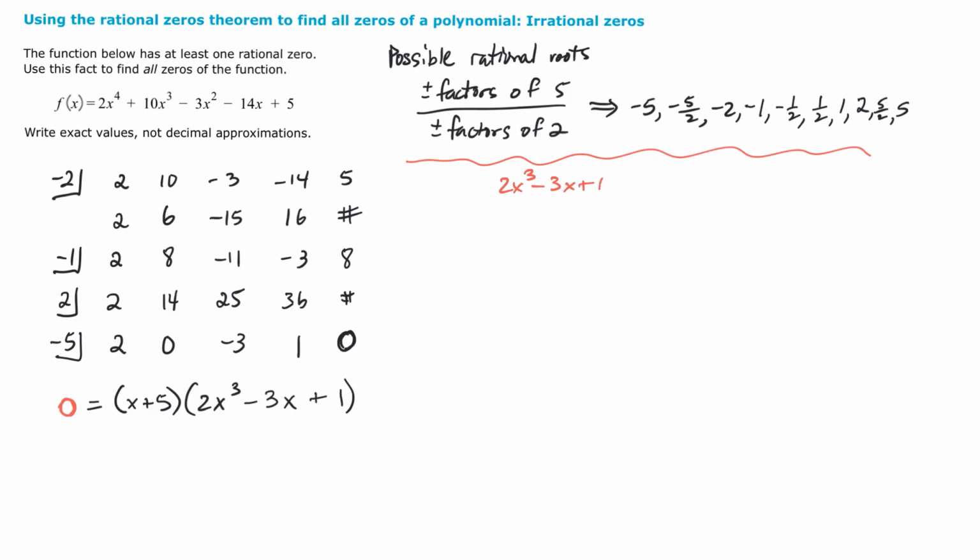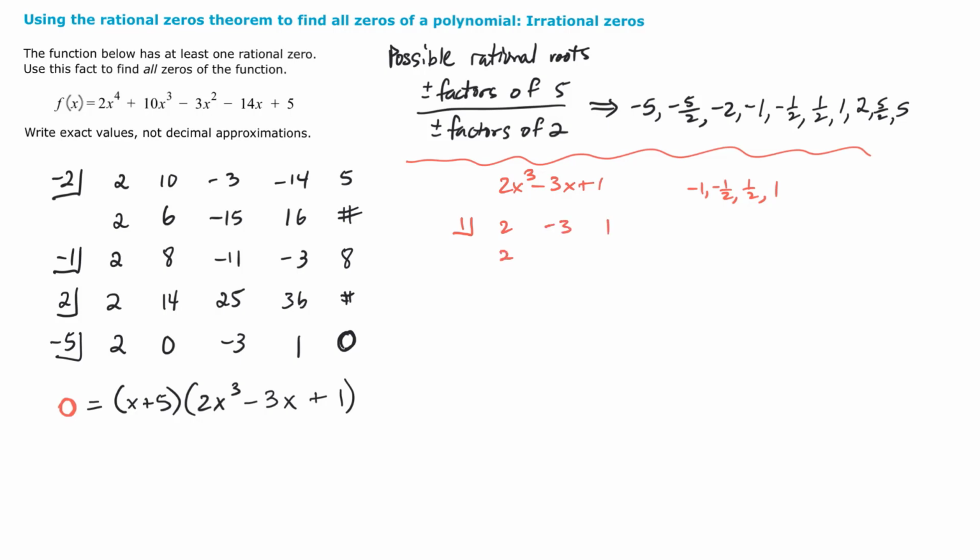So what are the possible rational roots? Well, we could have -1, -1/2, 1/2, and 1. Looks like 1's going to work.